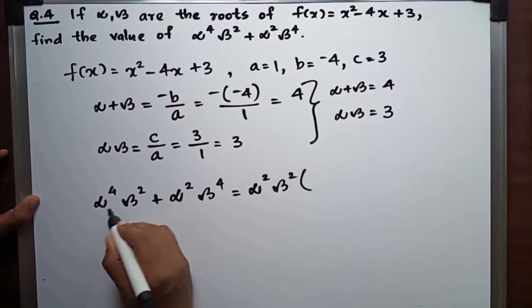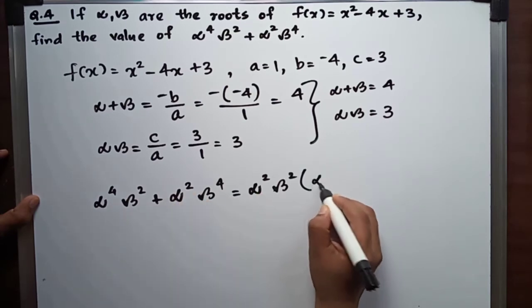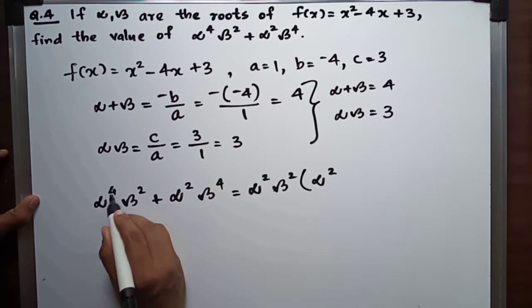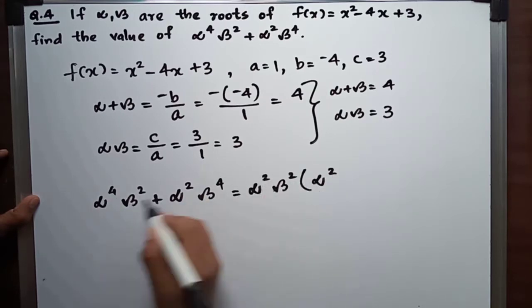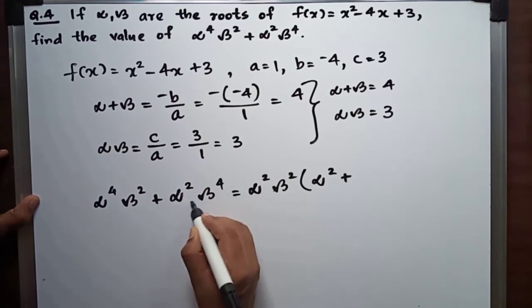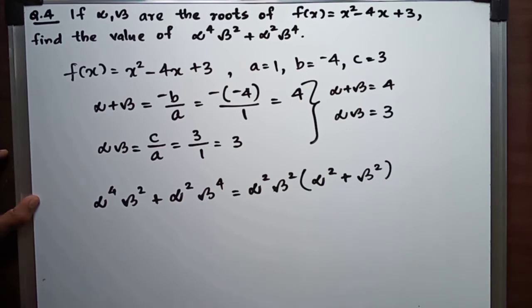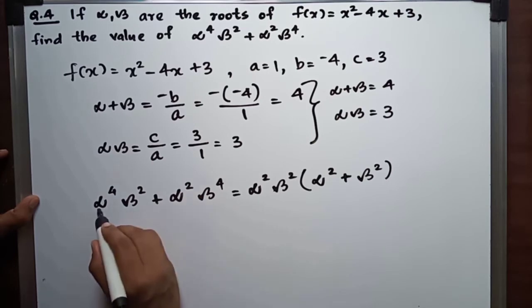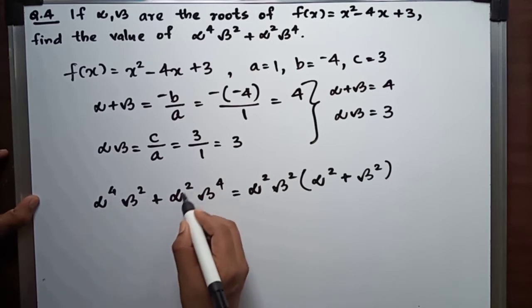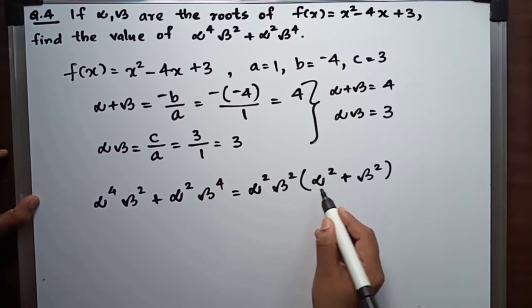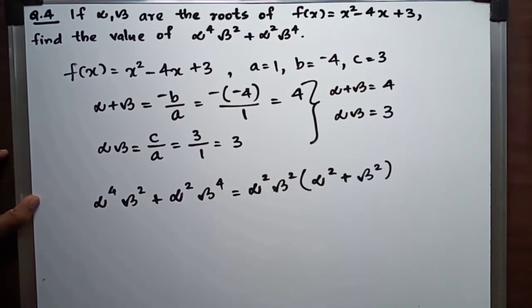What is left here? α², because α² into α² is α⁴, 2 plus 2 is 4, and β² is here. Plus, here what is left? β². Now, α⁴β² + α²β⁴ is the same as α²β²(α² + β²).